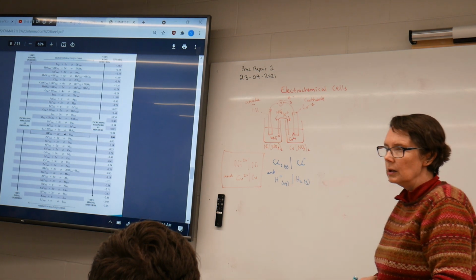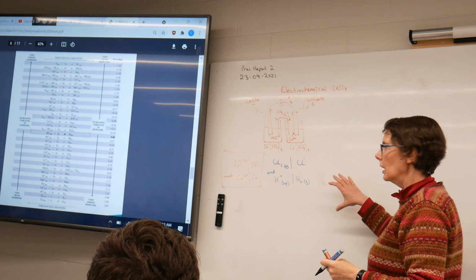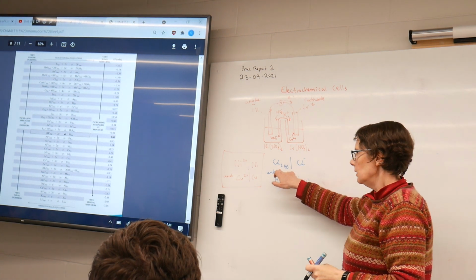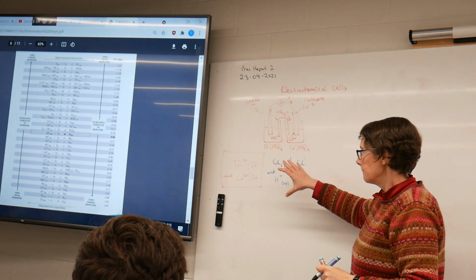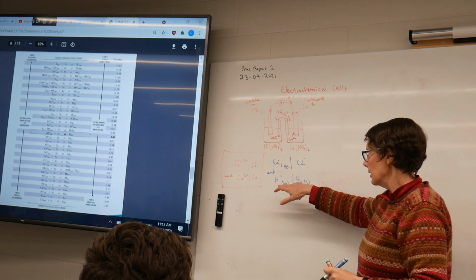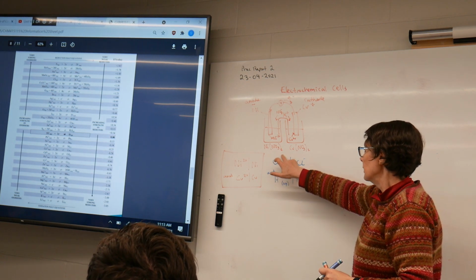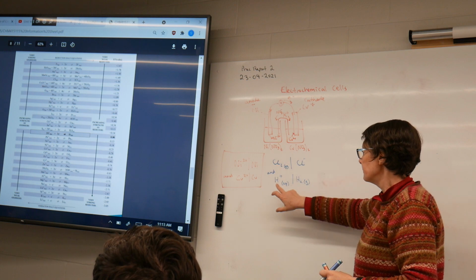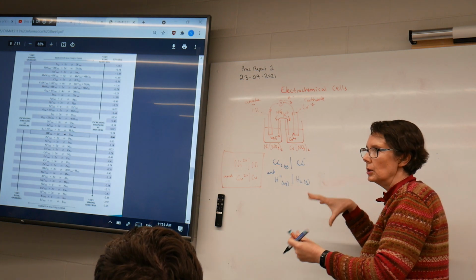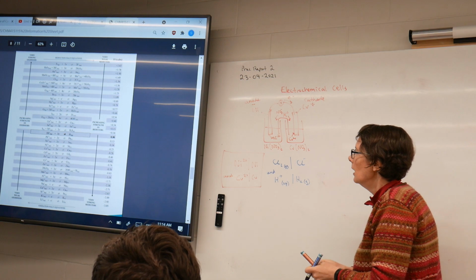Remember that in this shorthand notation for a half cell, the most oxidized state is mentioned first. So this one has 0 and this is -1, this is +1, this is 0. So that's the order that they need to be in.